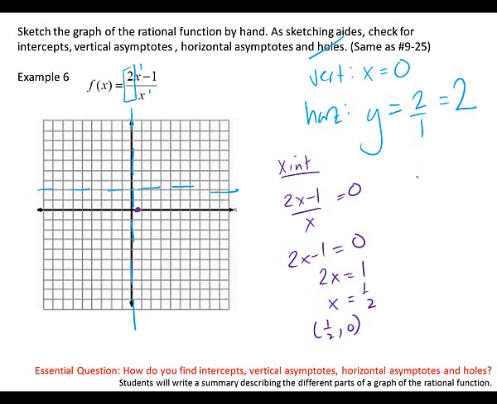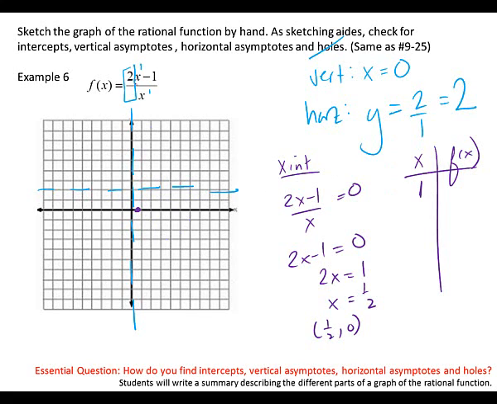So I need to pick some numbers to get the other pieces. So I'm going to have x, and I'm going to pick, and I'm going to calculate f of x. Since I'm already working on the right branch here, I might as well finish the right branch. What would be a good number that's to the right of my asymptote to plug in? 1? Is that good?